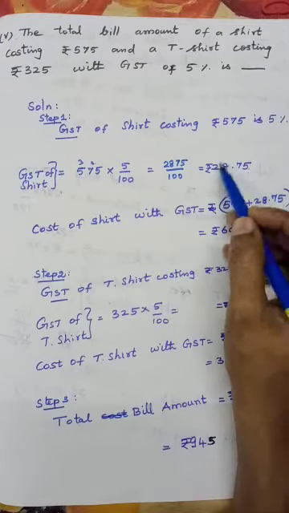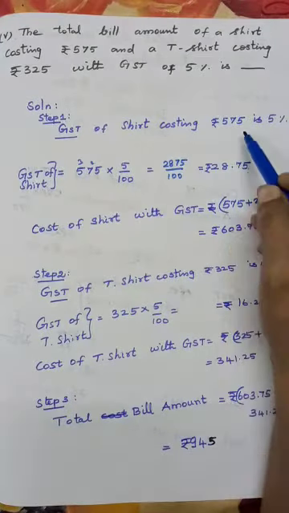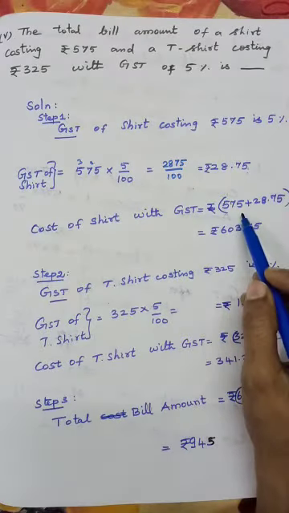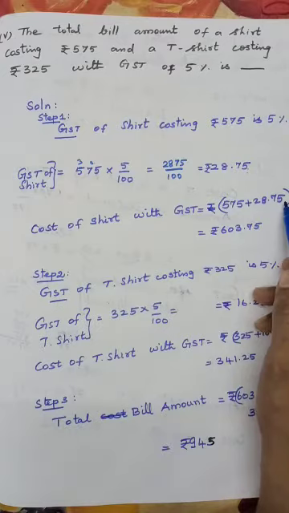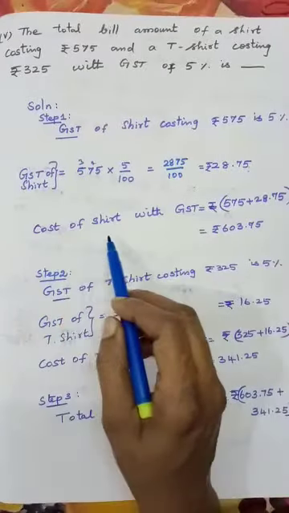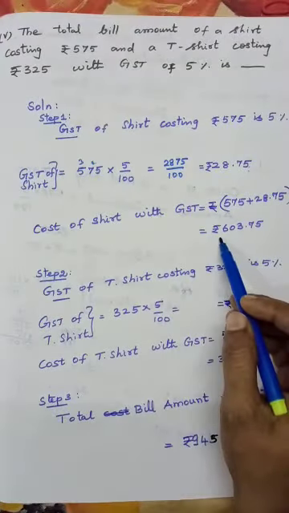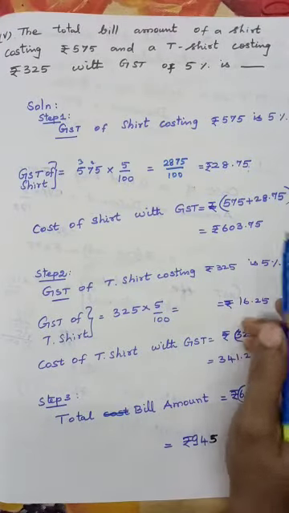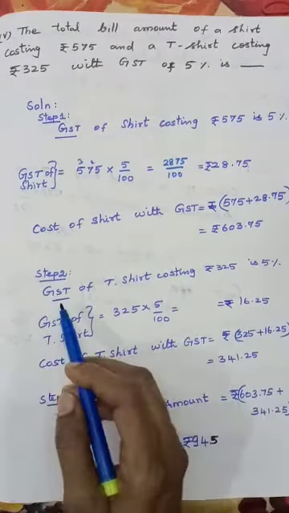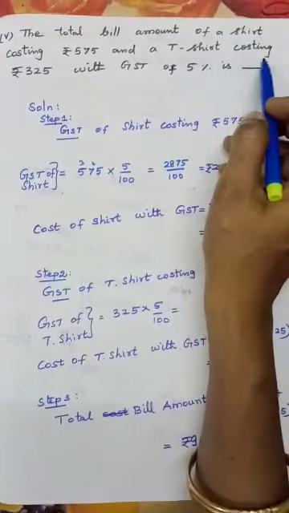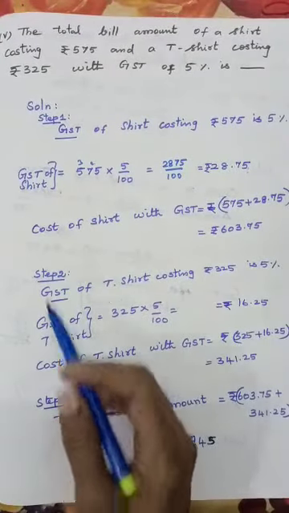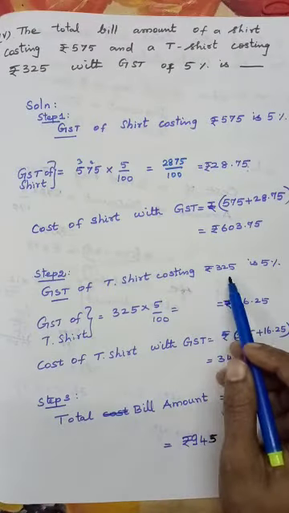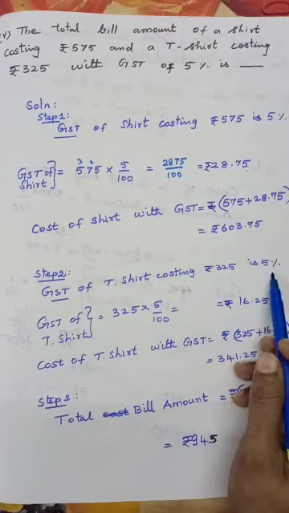You have to add this GST with the shirt cost. That is 575 plus 28.75. So the cost of a shirt with GST is rupees 603 rupees 75 paise. For step 2, we have to see the t-shirt with the GST. GST of t-shirt costing rupees 325 is 5%.